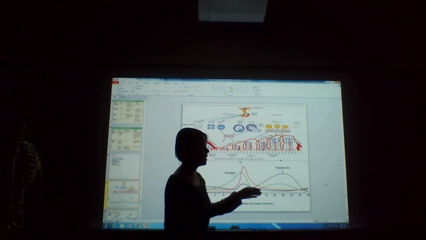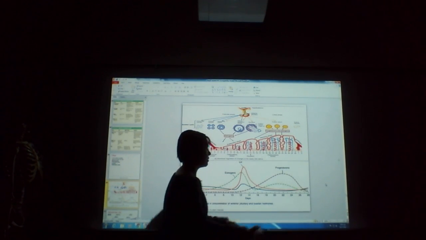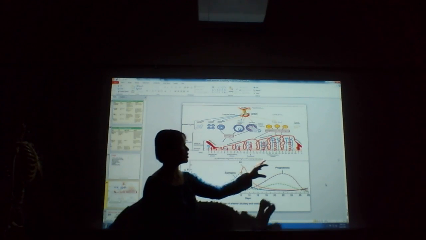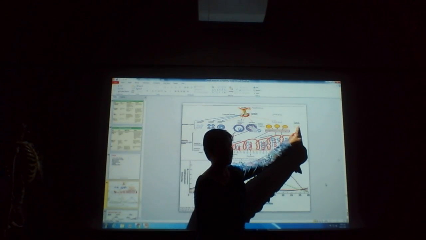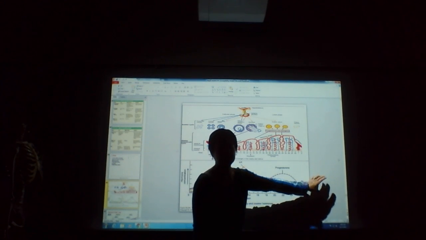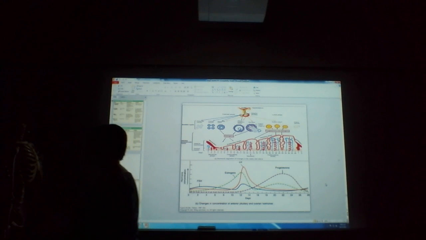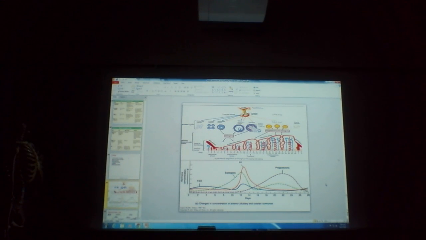So you will menstruate. You eventually menstruate. But if you have a baby, the baby will take over. The baby will make sure that this one doesn't become like that. The baby secretes HCG and it dictates. See, it's the boss. The baby is spoiled the moment the baby is born.